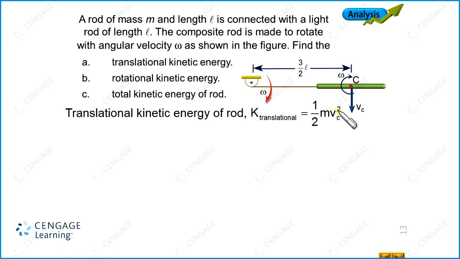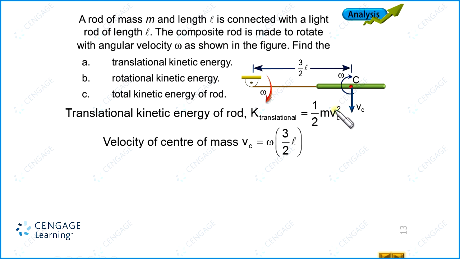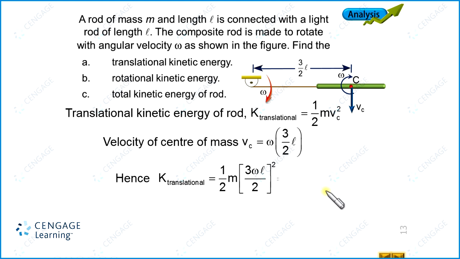Vc, the velocity of the center of mass, equals omega multiplied by the radius of rotation about the hinge point, 3 by 2 L. So Vc is omega multiplied by 3L by 2. Substituting the value of Vc, the equation becomes half m multiplied by 3L divided by 2 multiplied by omega, whole square. Simplifying, this is equal to 9 by 8 m omega square L square. This is the translational kinetic energy of the rod.